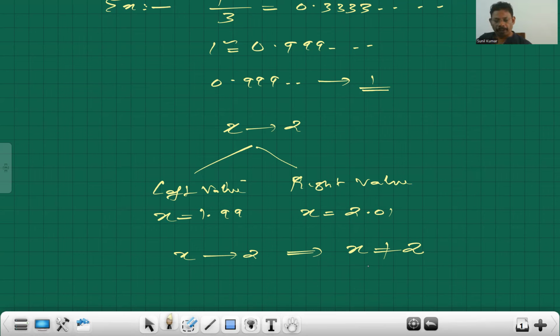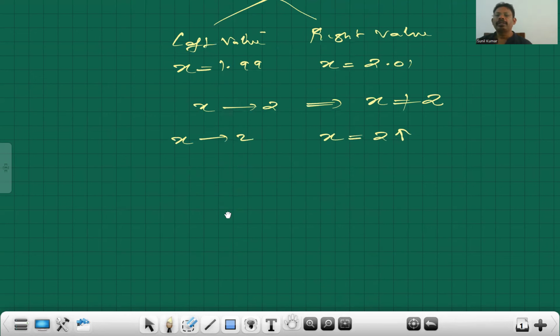And one more thing. If x is approaching 2, it means x is tending to 2 only. That is the meaning of that. Or whenever x is approaching 0, x approaching 0 means x is approaching 0 only.